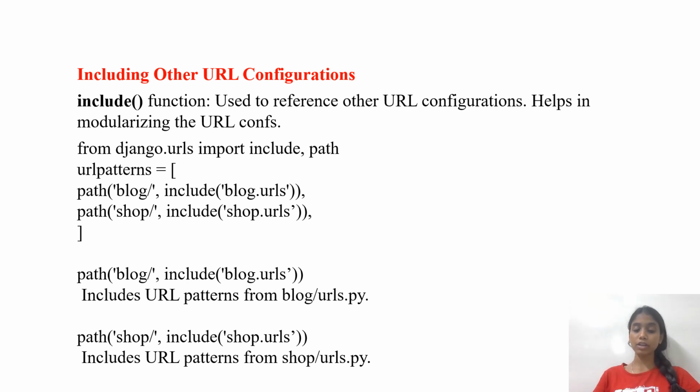I mean, the app which we have is blog, and in the blog app we have the urls.py, and next we have the shop app, and in that shop app we have the urls.py. We are including both the blog app's URL and the shop app's URL into the project's main URL file. So the URL dispatcher links the project's directory to the app's directory.